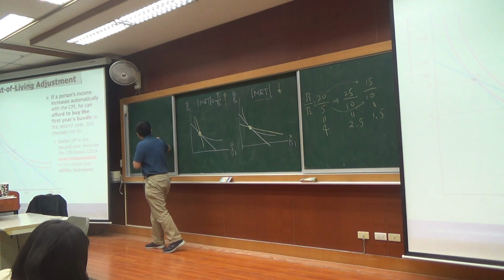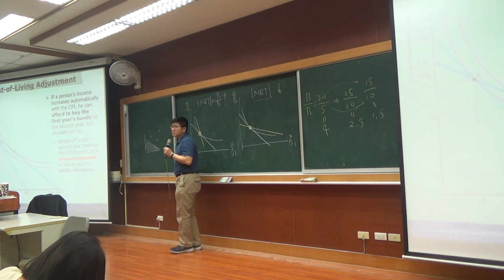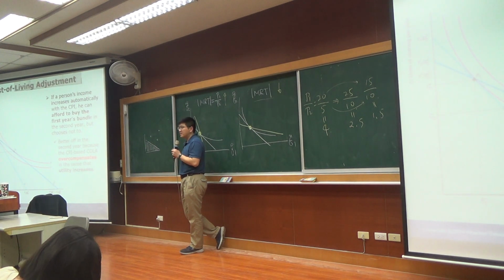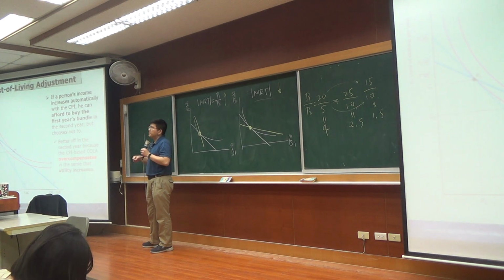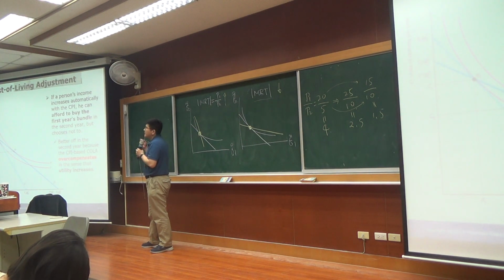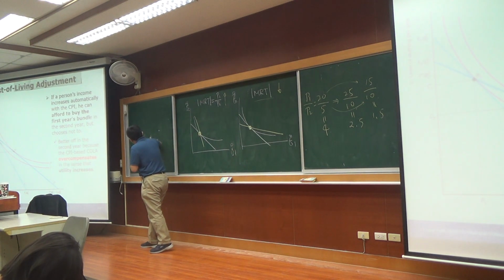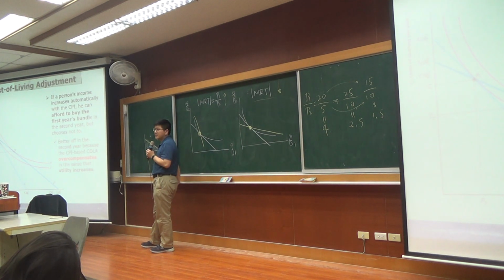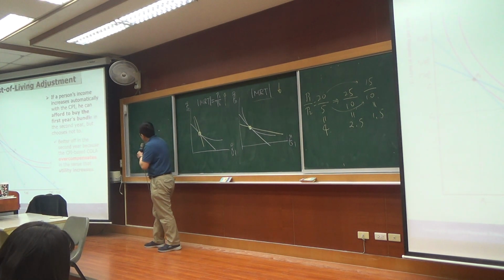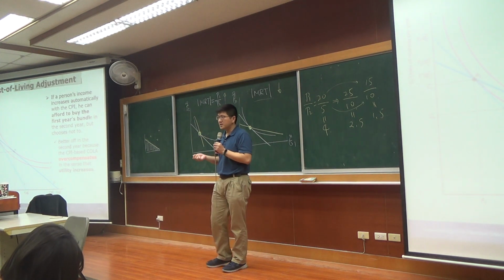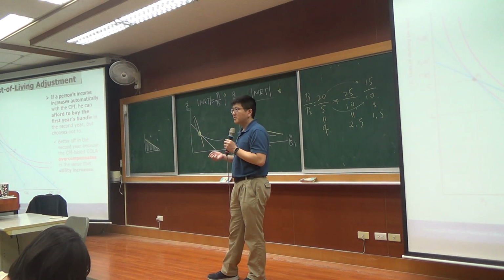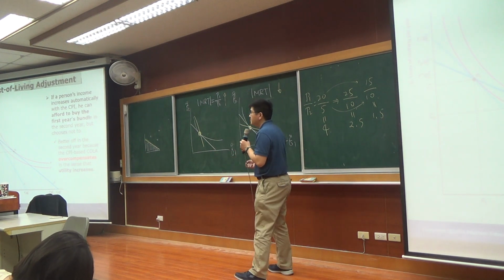And bundles outside of the range, we cannot afford. Bundles on the budget line use up all the income, and we can still afford them, with no money left. We used up all the money.